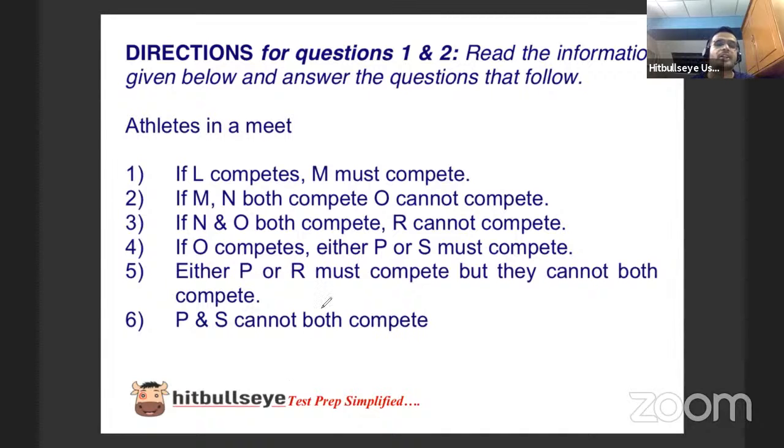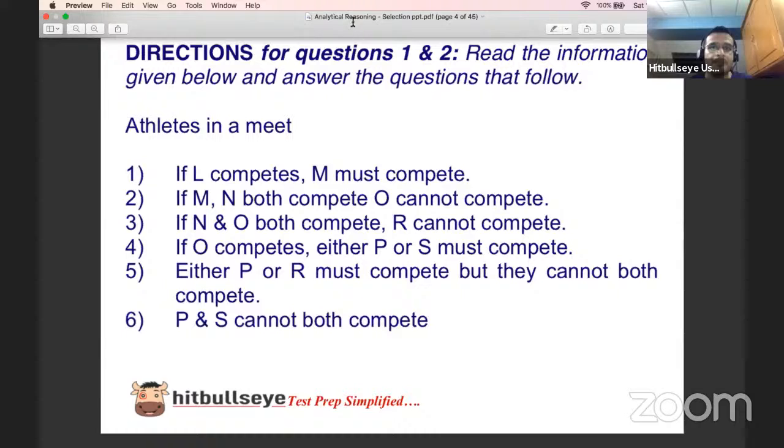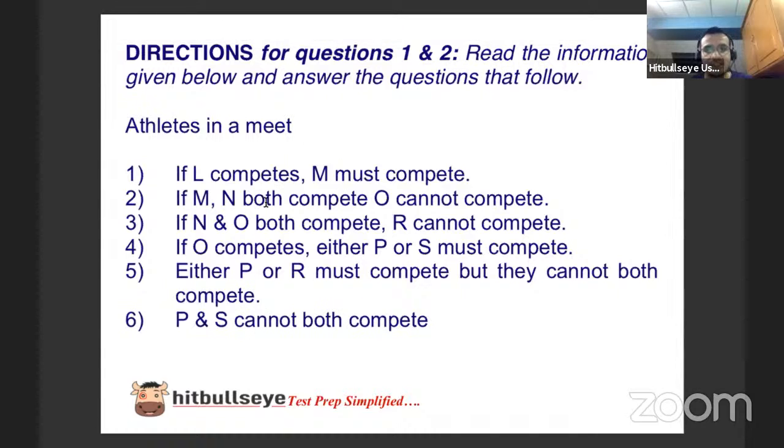All right, let's do it together. I will try to create some quick diagram, some quick notations for whatever information is given to me, so that will make my analysis faster and solving the questions easier, right? So let's do that. What is the information given?